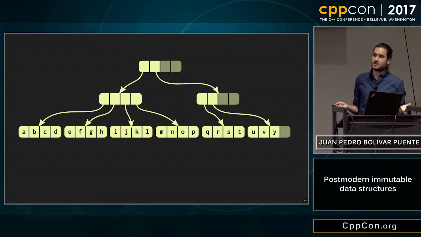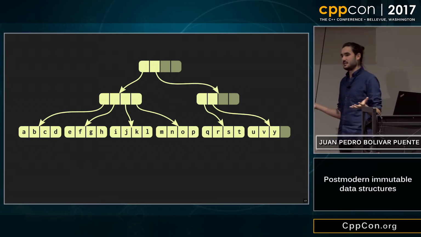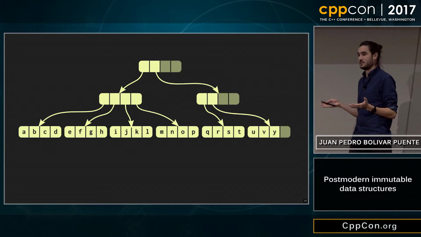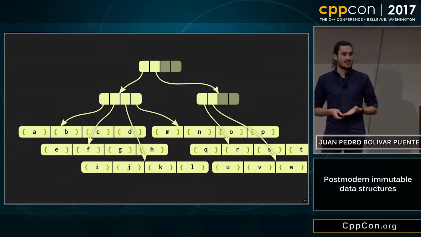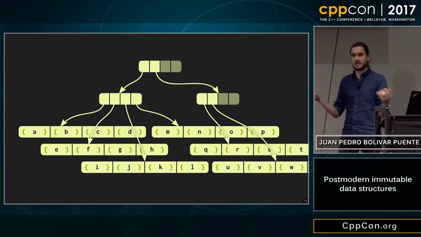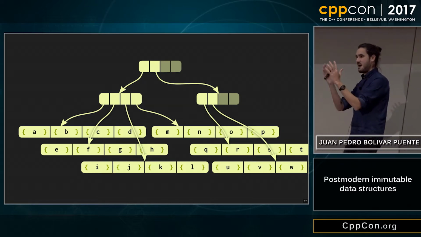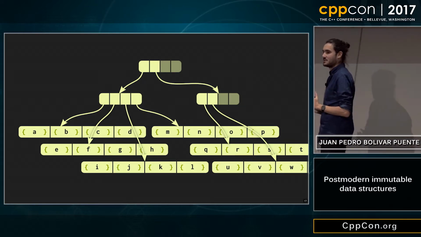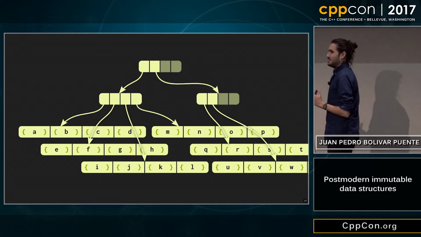The problem is then, what happens if the type T that I'm storing in the vector is big? Now my leaf nodes become big. And this nice property that we had, of a reasonable balance between update performance and the rest, doesn't hold anymore.